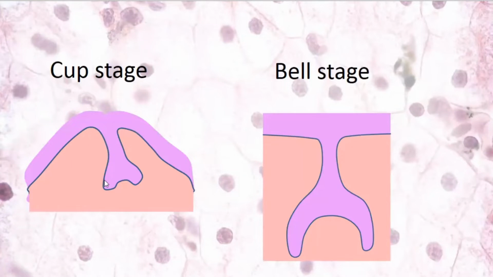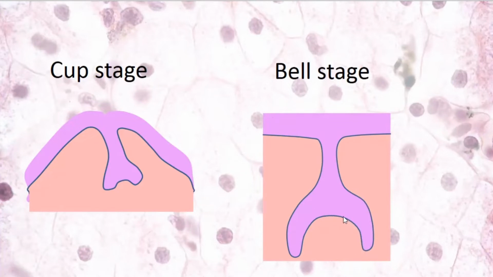It's further development. Here we can see a structure like a cup, and later the mesenchymal dental papilla grows, and also ectoderm grows, and here we can see a structure like a bell. It has communication with the lining oral epithelium, and its ectodermal bell is called the enamel organ.